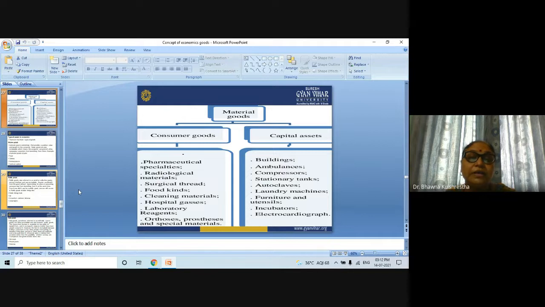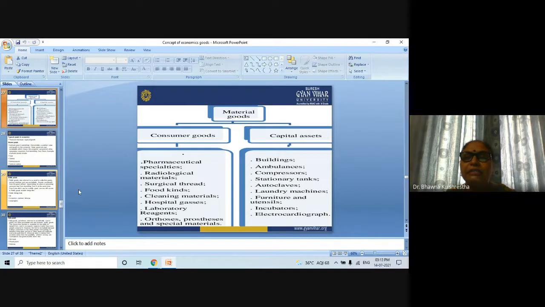Consumer goods are fundamentally special ties, radiological material, surgical thread, food kinds, cleaning materials, hospital gases, laboratory reagents, orthosis, prosthesis, and special materials.